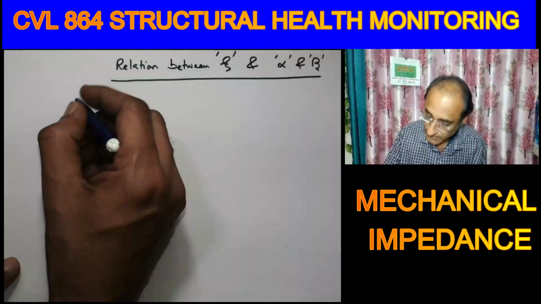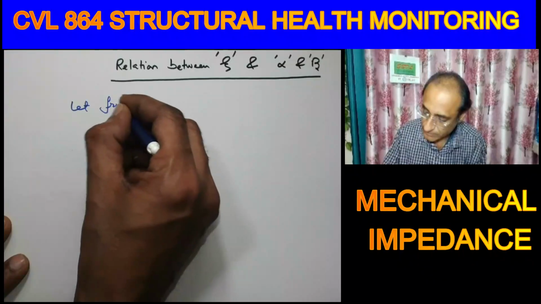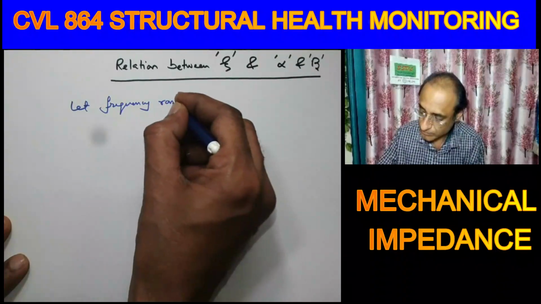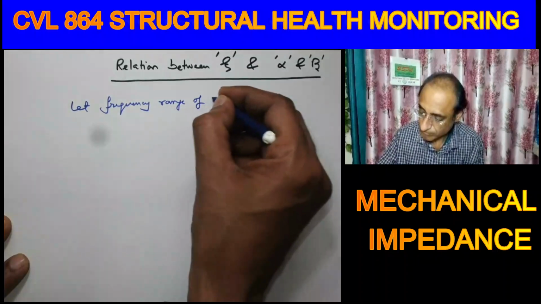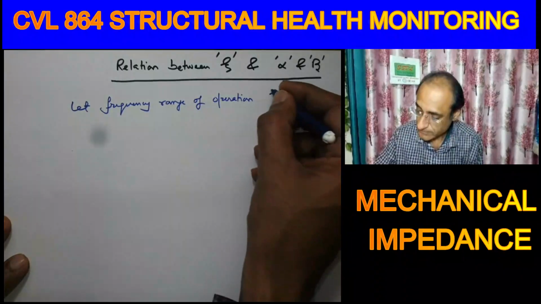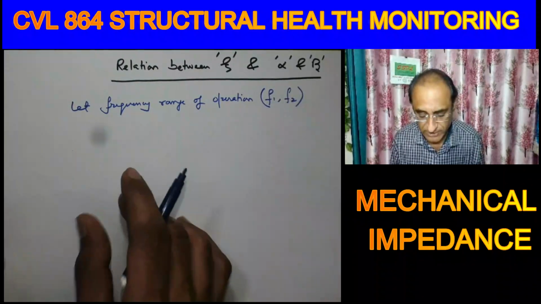So let the frequency of operation be from F1 to F2. It's a range because damping also depends on the frequency.